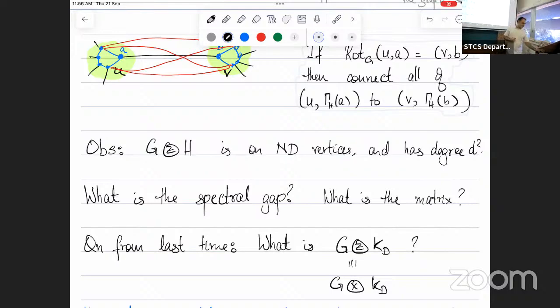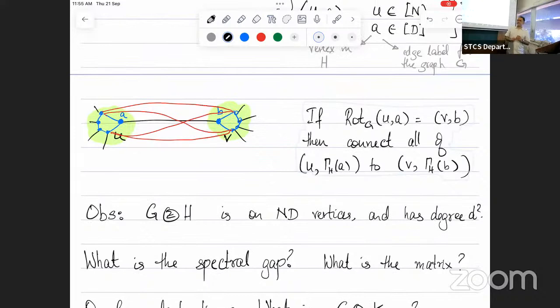So you start off with the graph G, and every vertex is replaced by a copy of H. So locally, let's say u to v was a particular edge in the graph G. Now you took some a and b from those H copies and you connected them.